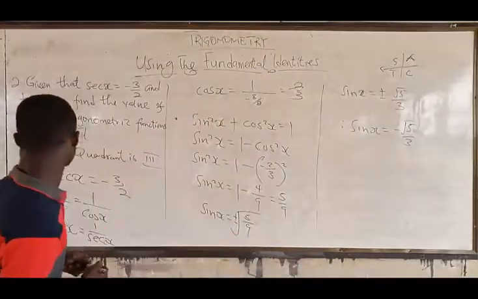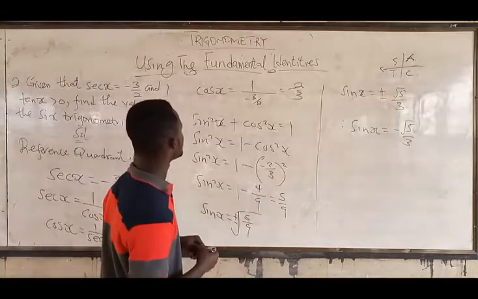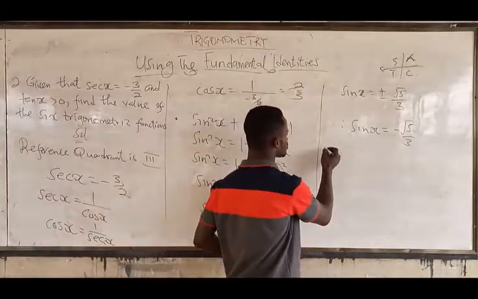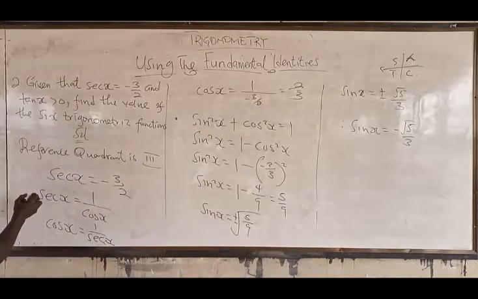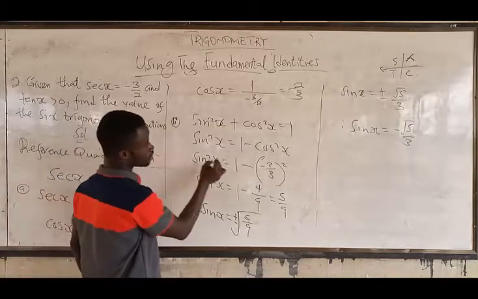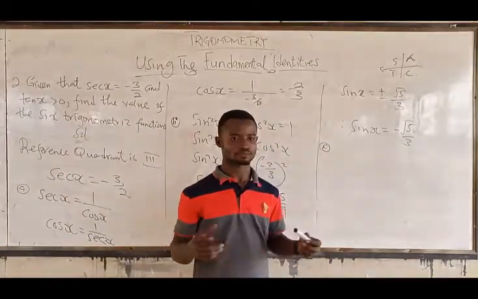Let's move on. Now cos is known and sin is known. So let me make here A, then I will make here B, then next will be C. So which one?